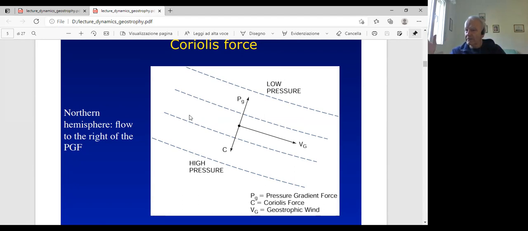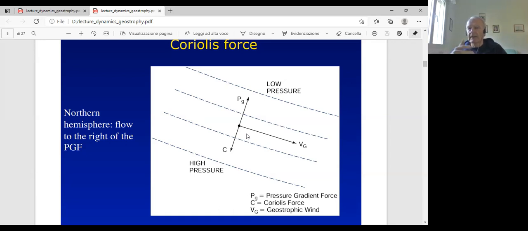From the pressure field, we uniquely define the velocity field, and that's a very useful property of the geostrophic flow, because, for example, in the atmosphere, you can measure the pressure wherever you want.